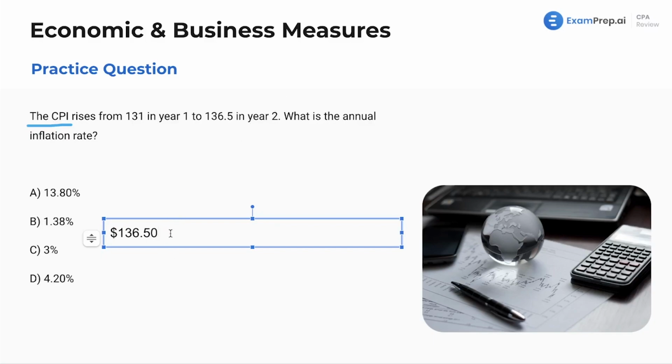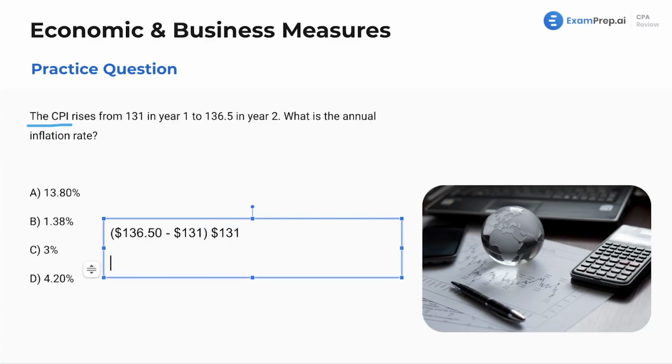So in year 2, my stock went up to $136.50. It was 131, and then we are going to divide this by 131. Another way to say this formula is new minus the old divided by the old. That's the percent change formula. That's how you calculate your gain on a stock, right? And similarly, that's how you calculate your CPI.